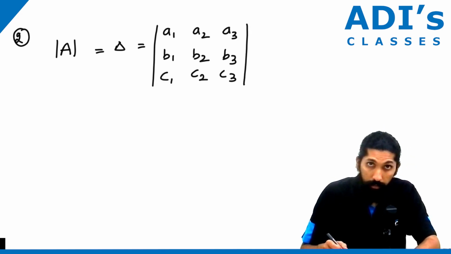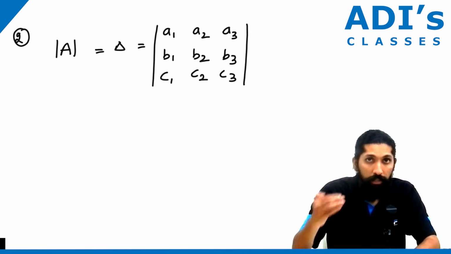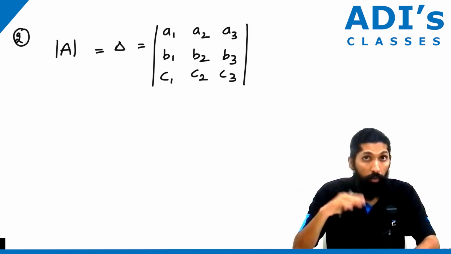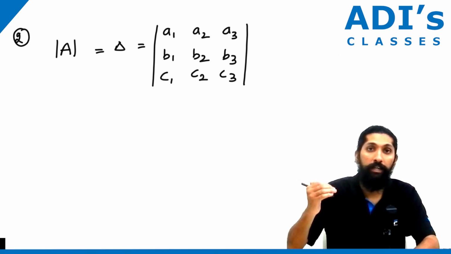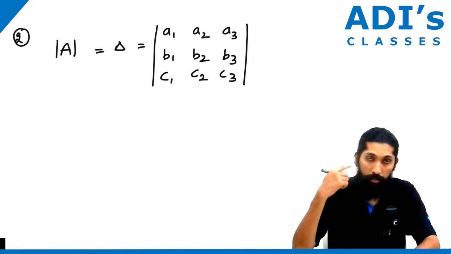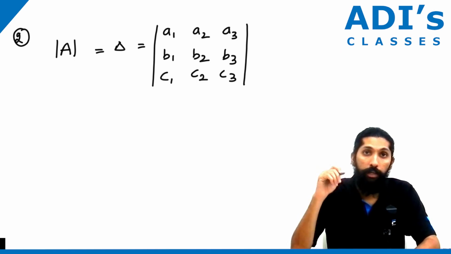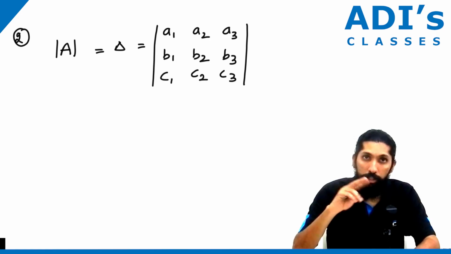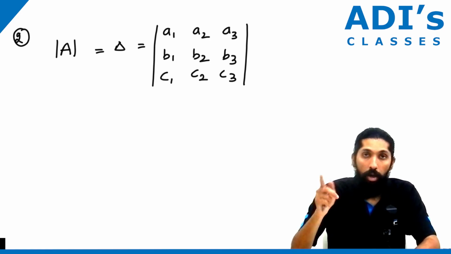Suppose we interchange two rows. A1, A2, A3 is the first row. What if A1, A2, A3 becomes the second row or the third row? We are exchanging the rows.